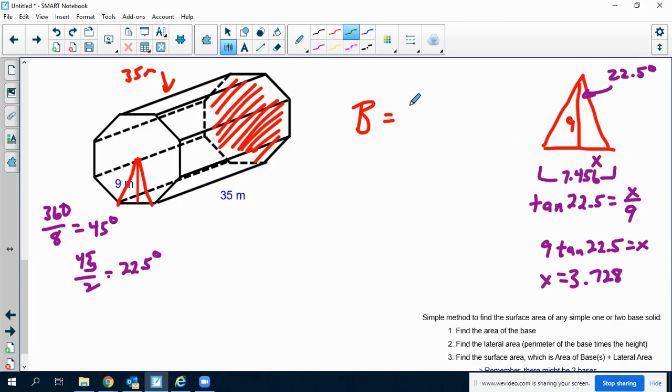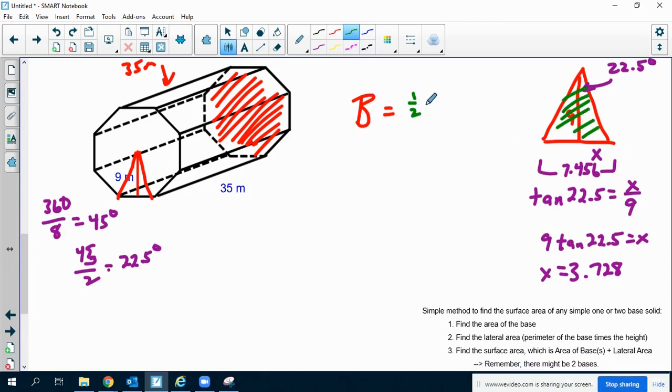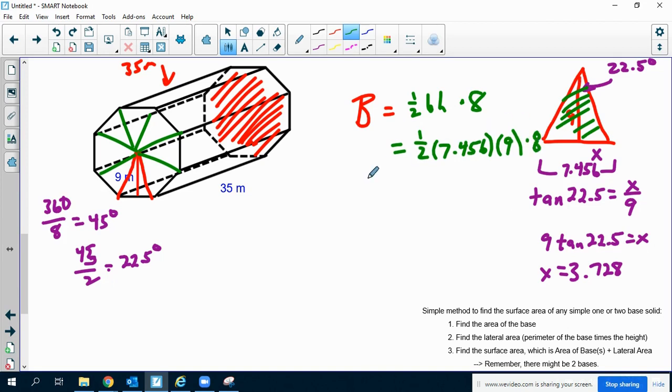So the area of the base is 1/2 base times height for the triangle times the number of triangles. So remember, we will have 8 triangles here. So 1/2 times 7.456 times 9, because the height of this triangle is 9, times 8.